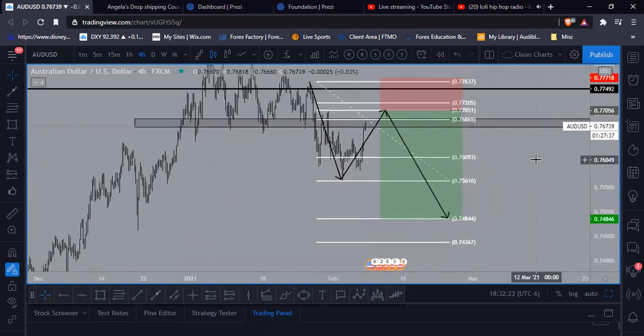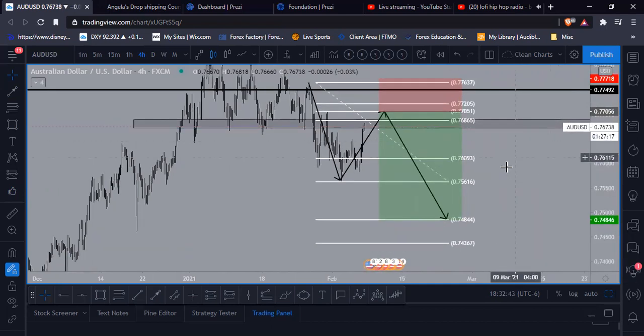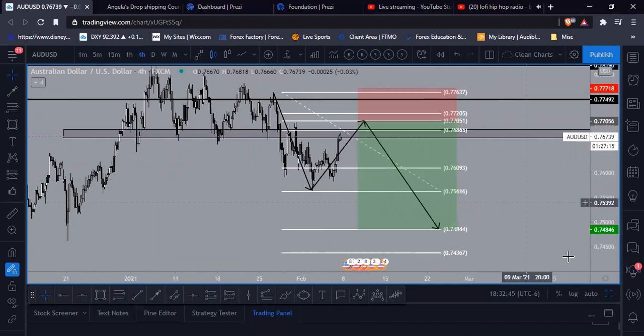Either price stops where it's at, goes a little higher to 0.76686, or price stops right here and drops, goes to 0.76865, the 61.8 fib, or I get my entry. But I'm just looking for sells on AU right now. Point blank, period. I'm not really seeing anything else on AU necessarily.